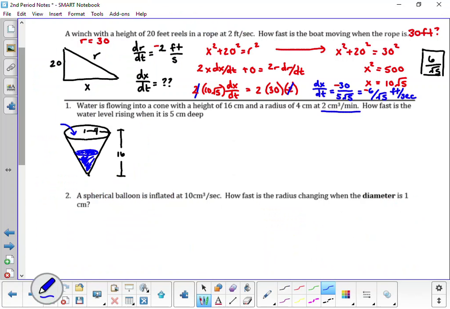Because it's centimeters cubed, which is a unit of volume. So dV/dt would be 2. And it's flowing in, so we'll make it a positive 2.